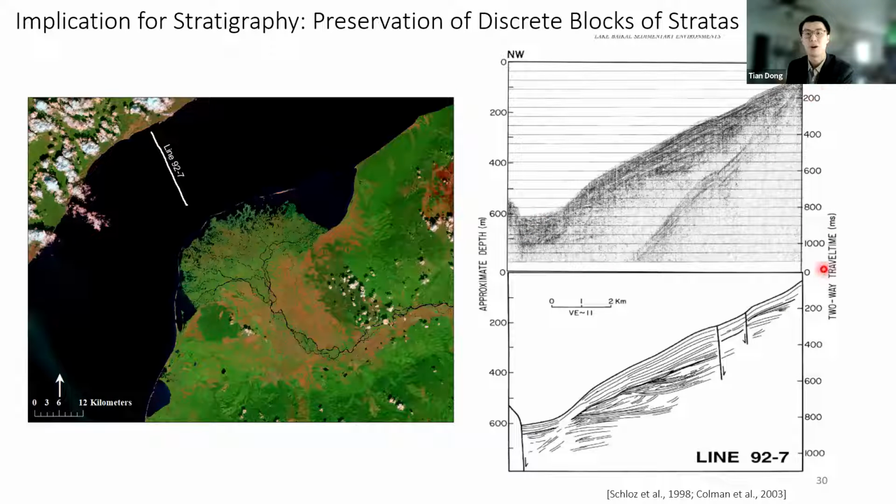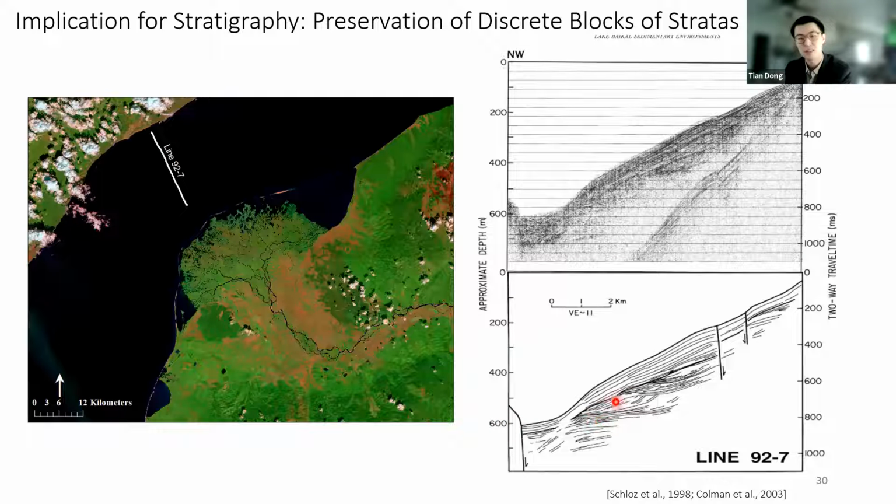On top is an old 2D seismic line, and here on the bottom is the interpretation by Scholz and Coleman et al. in the late 90s. In the paper, they documented these shallow water delta deposits, which are supposed to be at water depths of 10 to 20 meters, but actually appear in really deep water, at 400 to 600 meters.